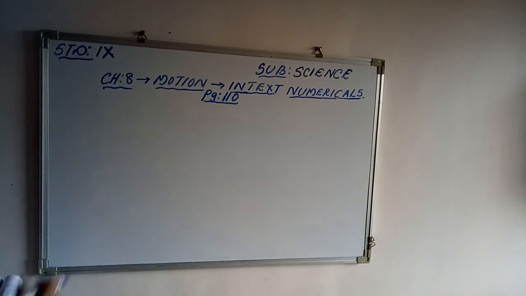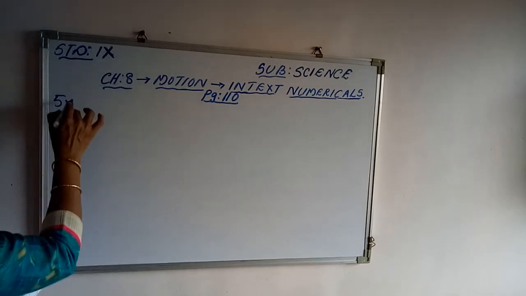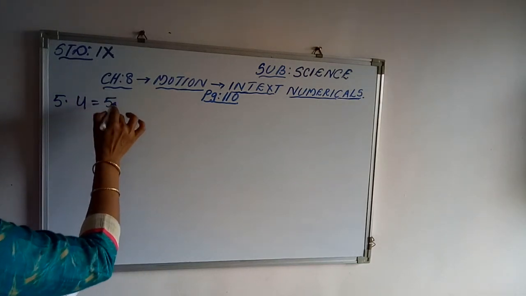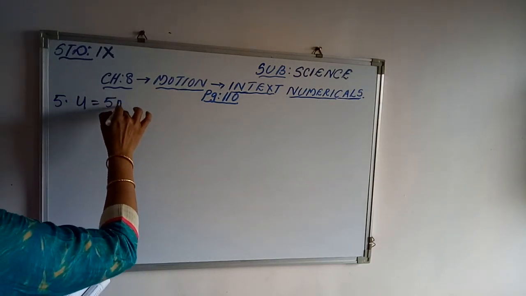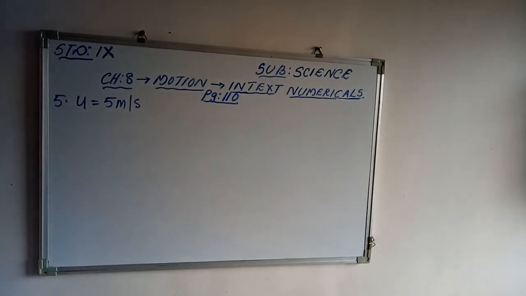Now the fifth one, same page. A stone is thrown in a vertically upward direction with a velocity of 5 meter per second. So initial velocity 5 meter per second. Now if the acceleration of the stone during its motion is 10 meter per second square in the downward direction, what will be the height attained by the stone and how much time will it take to reach there?